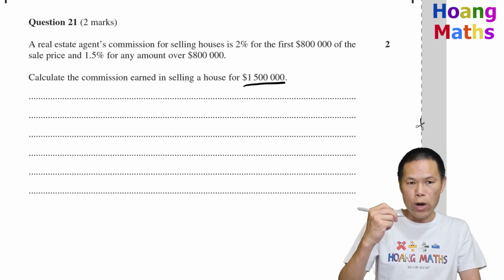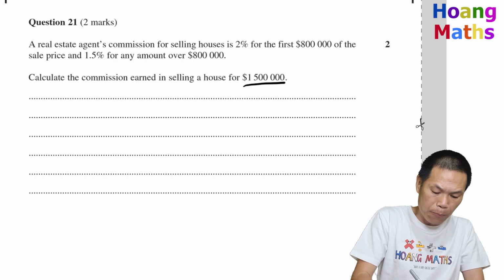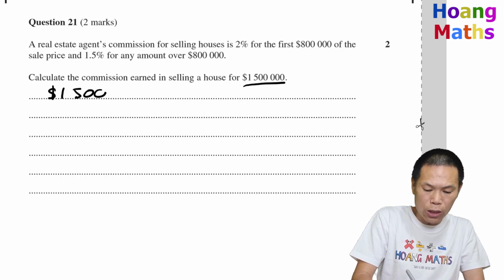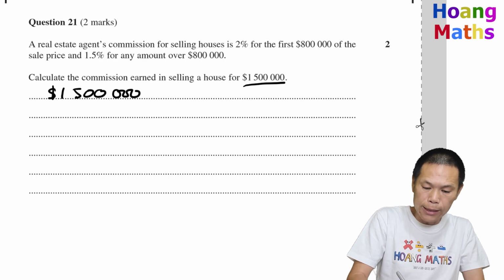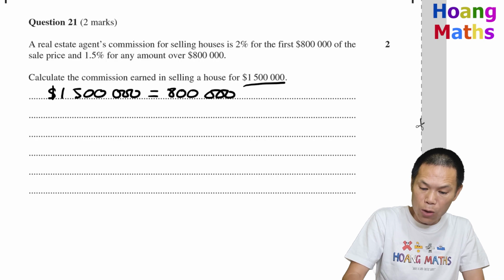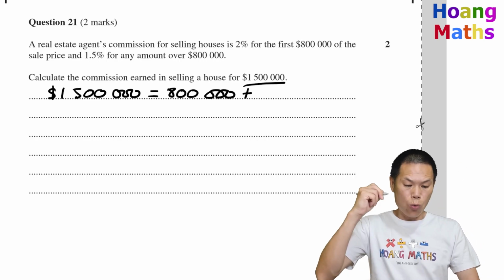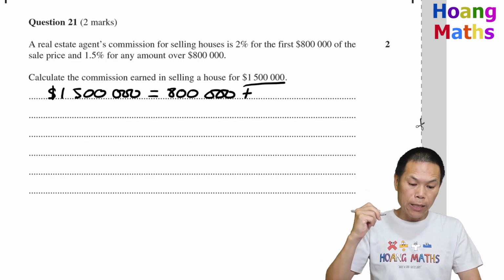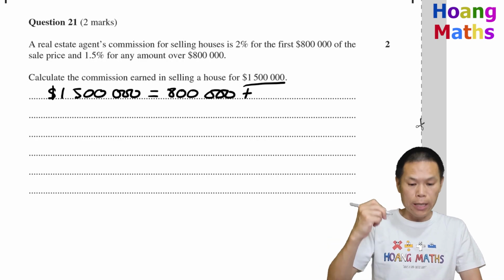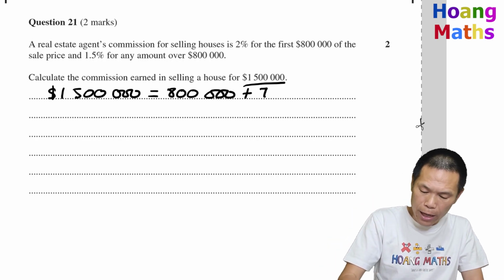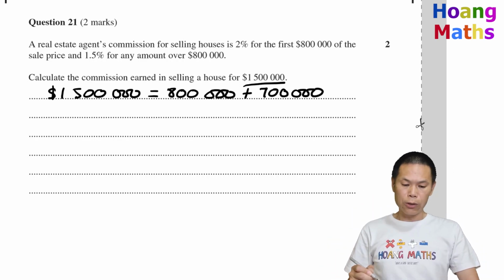Okay, so to work it out, first of all, we know that $1,500,000 minus 800,000, so we just go 15 minus 8, that gives me 7. So that is 700,000.